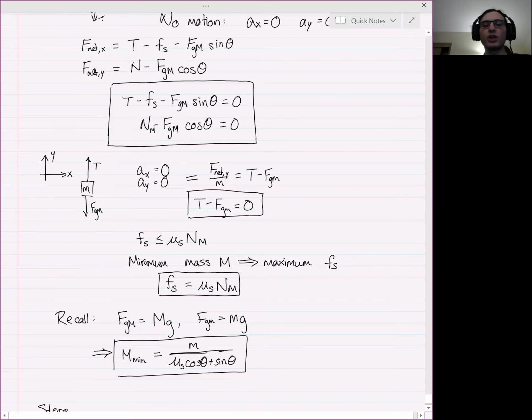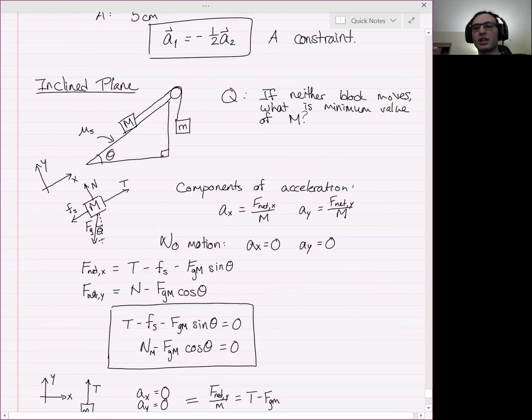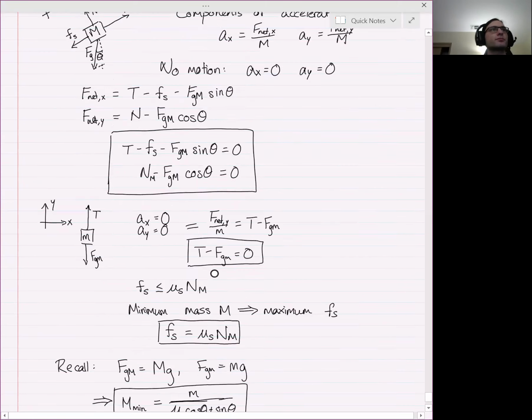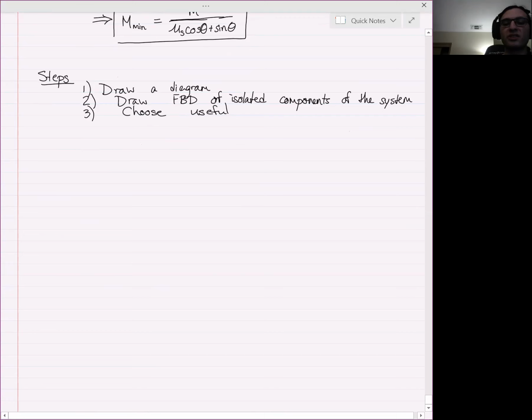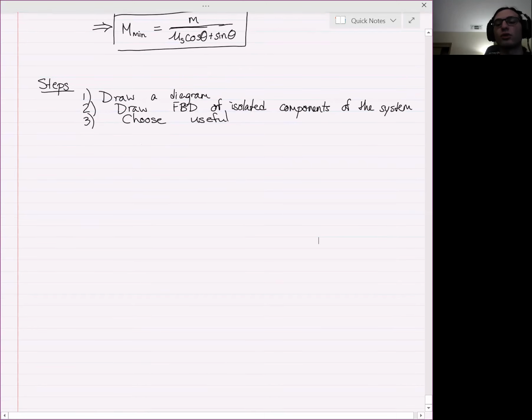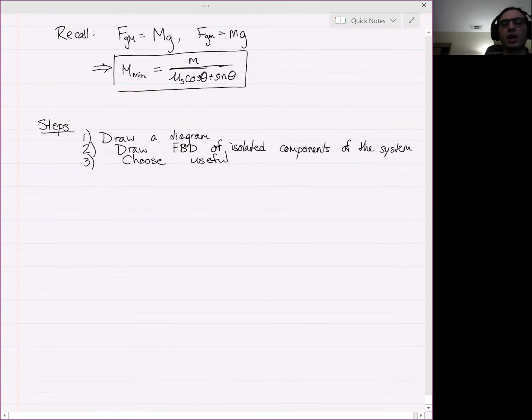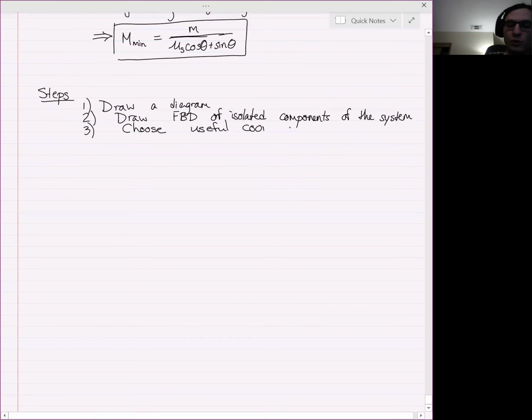We could have also done a free body diagram for the inclined plane, but we weren't interested in anything happening to the inclined plane, so we didn't have to include it. You're also going to need to choose useful coordinate systems. Now, useful is vague, but it's basically just choose coordinate systems that are natural for whatever object you're studying. And remember, you can choose different coordinate systems for different free body diagrams.